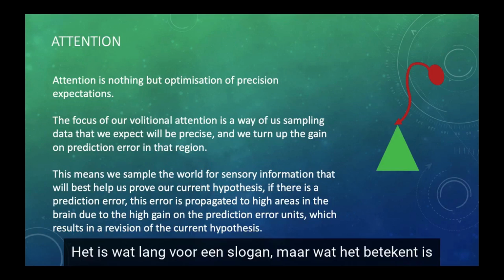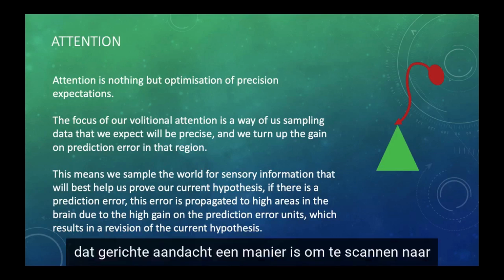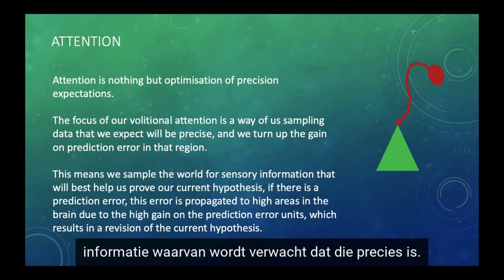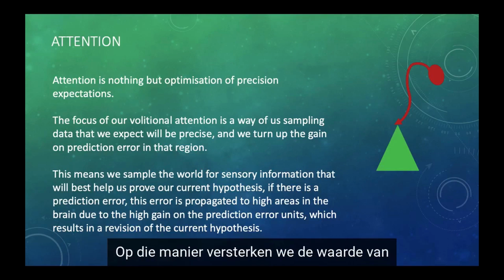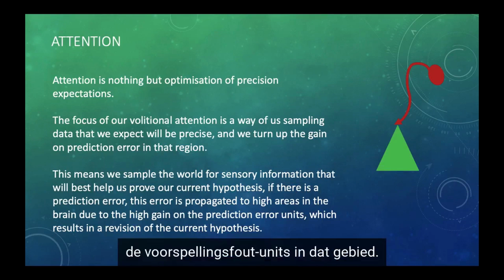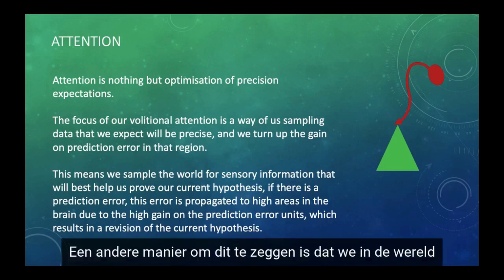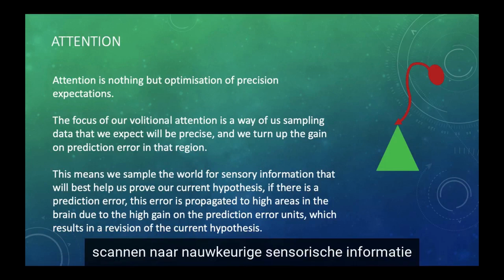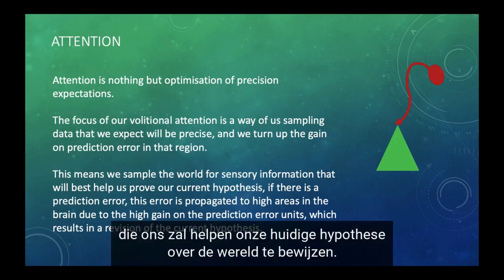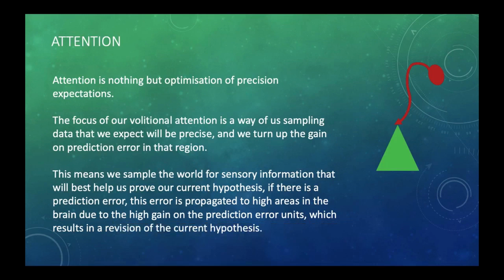It's a little bit wordy as a slogan, but what it means is that the focus of our attention is a way for us to sample data that we expect will be precise. And in doing so, we turn up the gain on the prediction error units in that region. So another way of putting this is that we sample the world for precise sensory information that will help us prove our current hypothesis about the world.